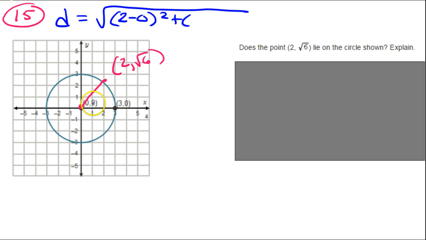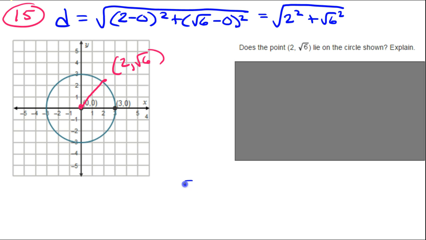Now I'm going to do y minus y, so the square root of 6 minus 0 squared. And let's see what we get. Now I really don't need to put the zeros into the calculator. So right away I'm going to have 2 squared plus the square root of 6 squared. That's what it is without the zeros.